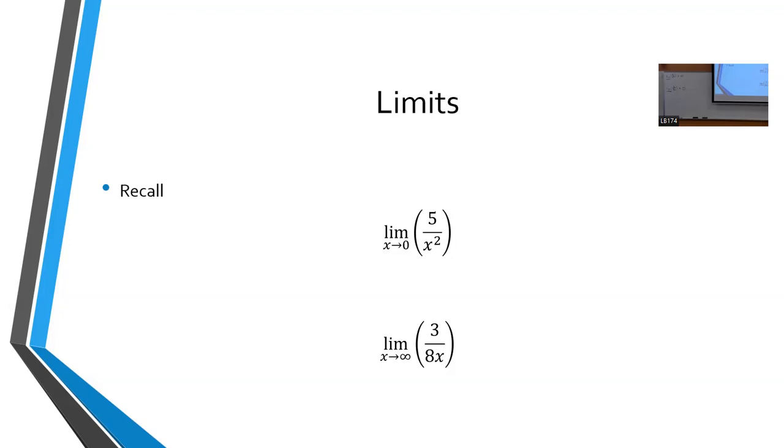If the denominator gets really, really big, that means the whole fraction gets closer and closer to 0. So that's one of the main takeaways of limits. And hopefully you saw that in Calc 1 when you went through Calc 1.